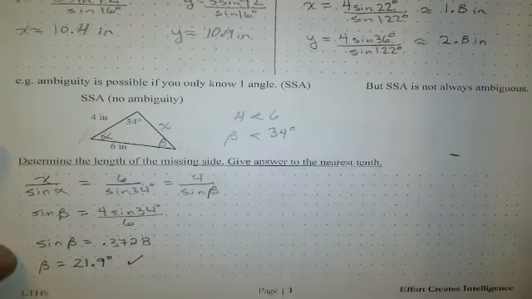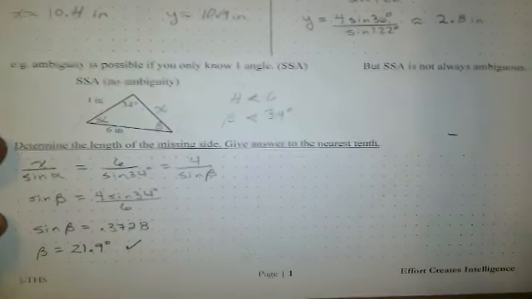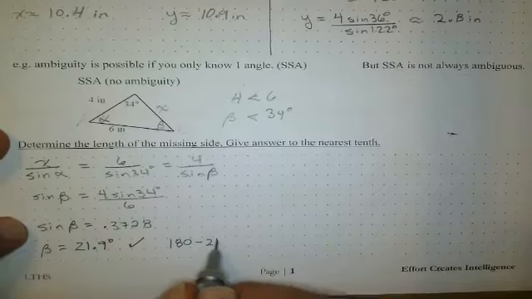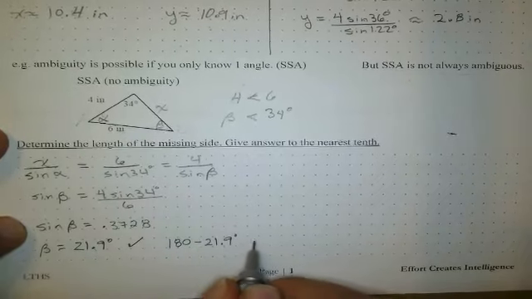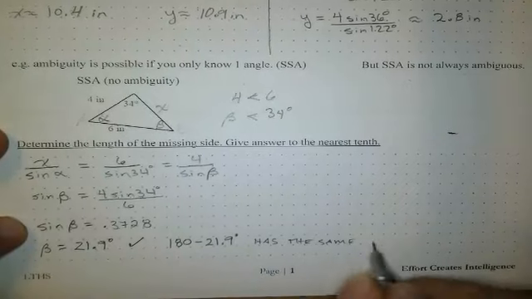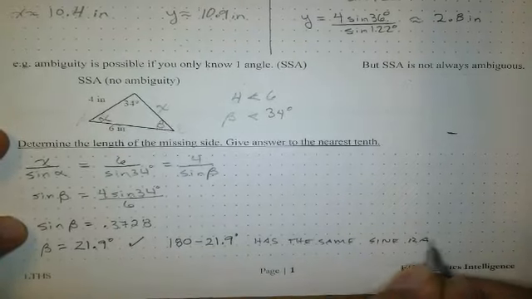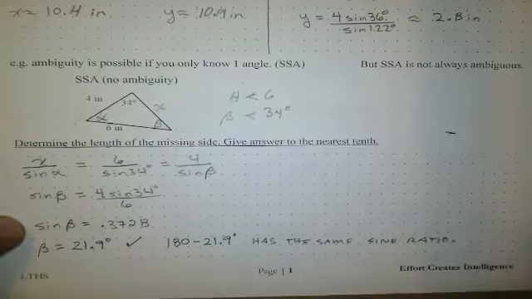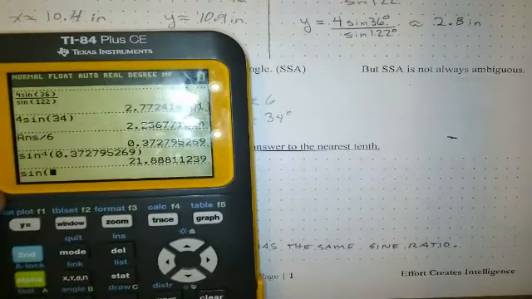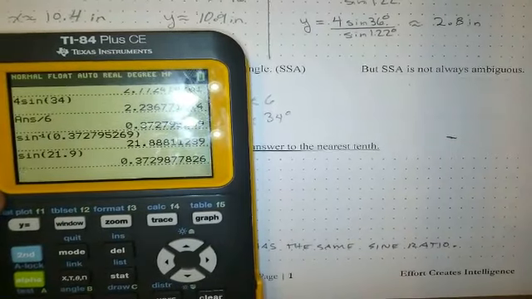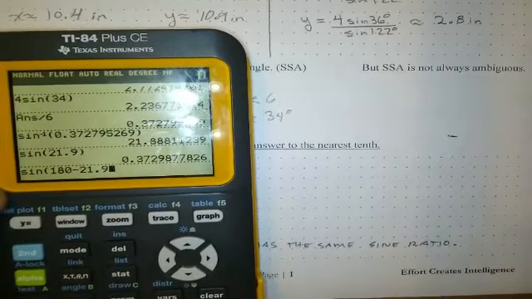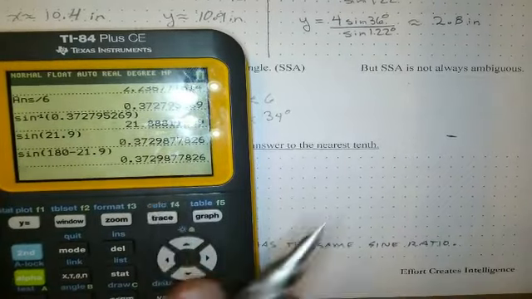The reason we call this an ambiguous situation at times is that we have to recognize that 180 minus 21.9 degrees has the same sine ratio. If I were to ask, what is the sine of 21.9, and what is the sine of 180 minus 21.9, I'm going to get that they have that same ratio.